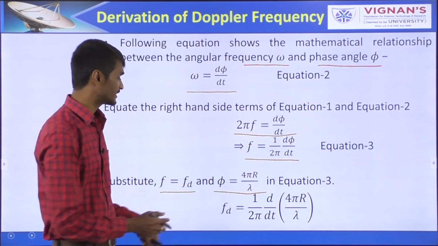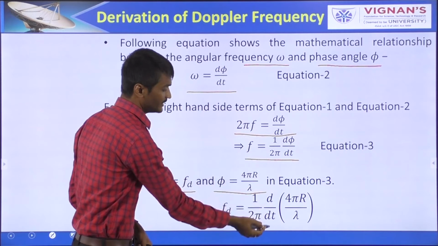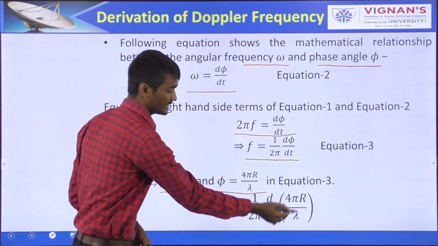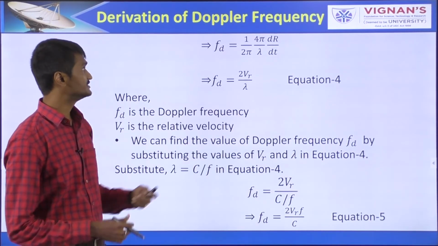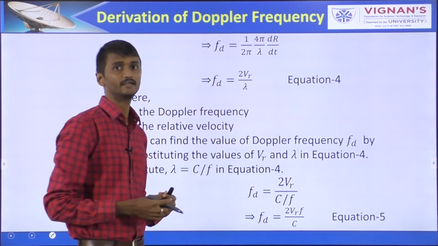Now equation 3 becomes fd equals 1 by 2 pi d by dt of (4 pi R by lambda). So fd equals 1 by 2 pi, 4 pi by lambda, into dR by dt.